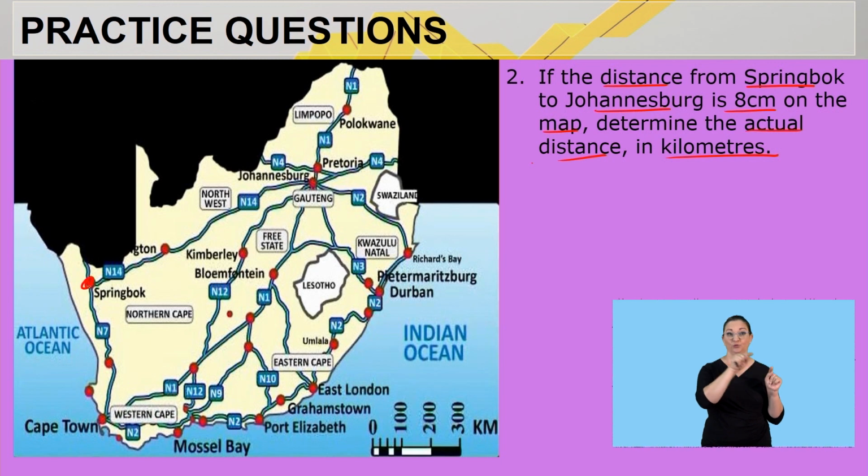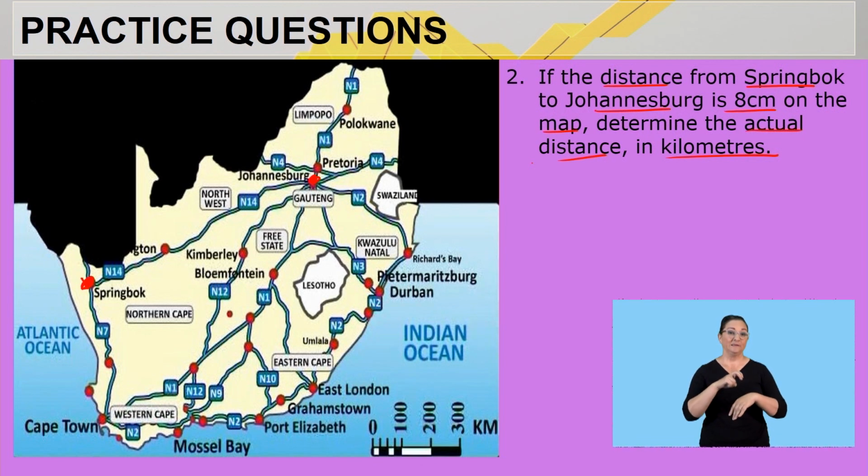Here is Springbok, and Johannesburg is all the way up here in Gauteng. On this map, the distance between these two places is 8 centimeters. In order to answer this question, we need to determine the scale first. So I'll convert from this bar scale into a number scale, and thereafter use it to determine the actual distance.